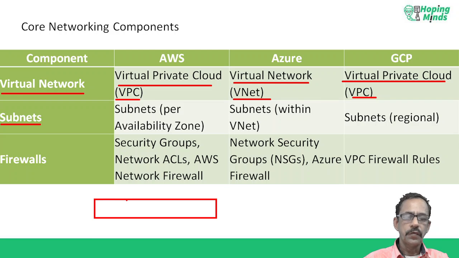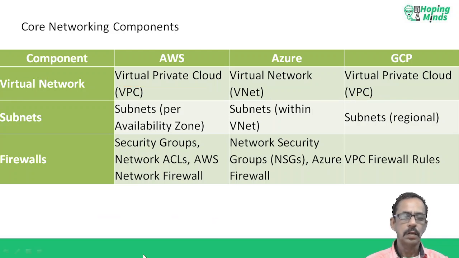So for privacy, for security, to break the broadcast domain and many other things, you can divide this big network into smaller subnets. In AWS, it is a subnet per availability zone. A big network is a VPC where you configure one IP series, and from there you create some subnets.